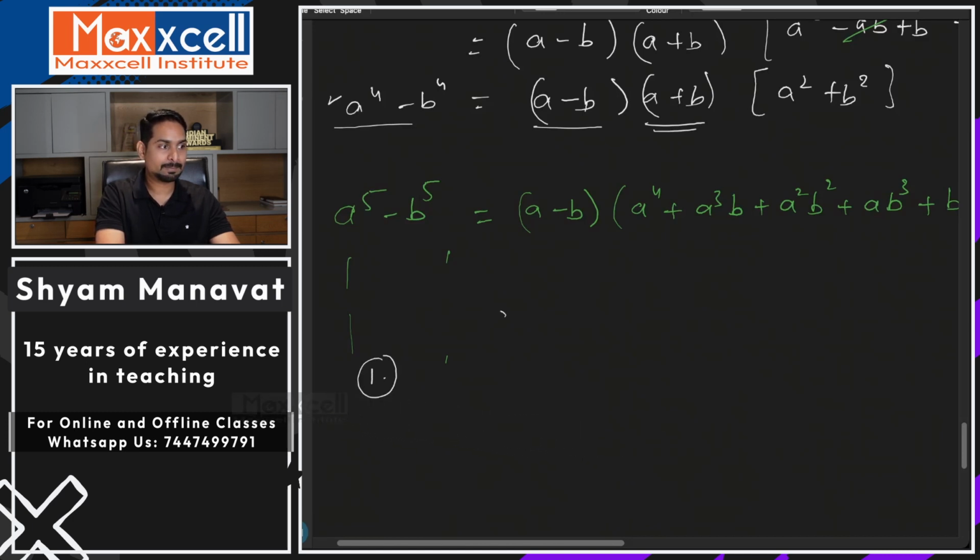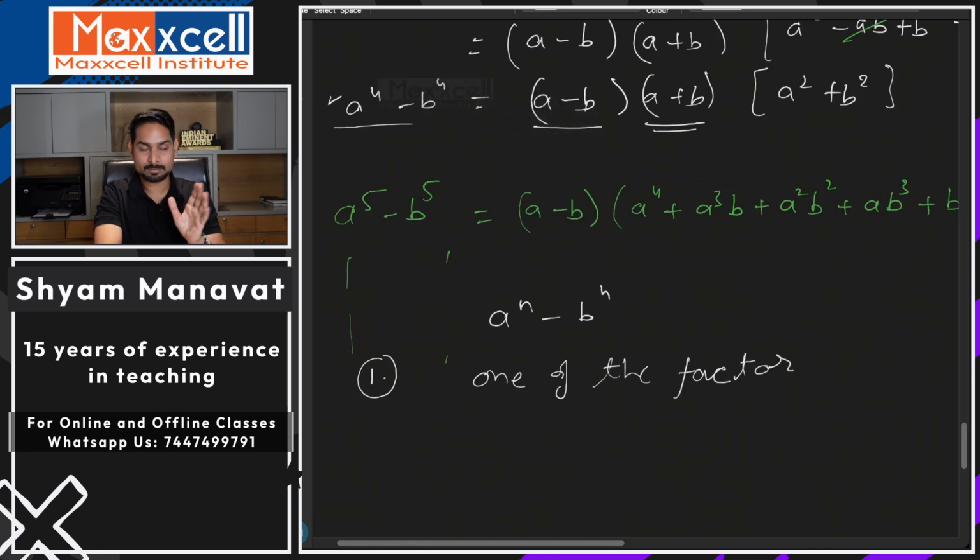So for a to the power n minus b to the power n, one of the factors is, what is a factor? The bracket which we have common, also called a divisor.